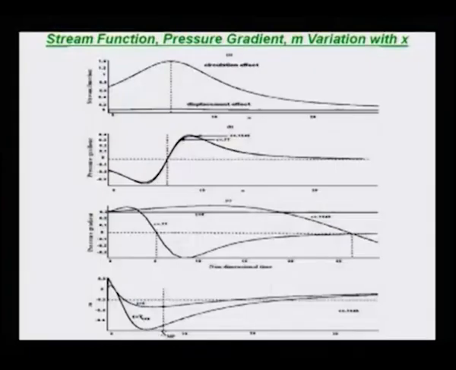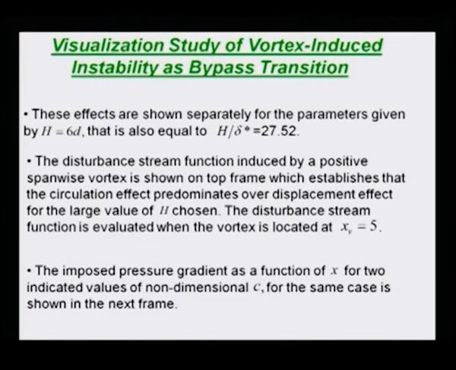Now, why is that so? Why is that so? This is the last point that we are talking about: the imposed pressure gradient as a function of x for the two indicated values of C was shown in that frame.